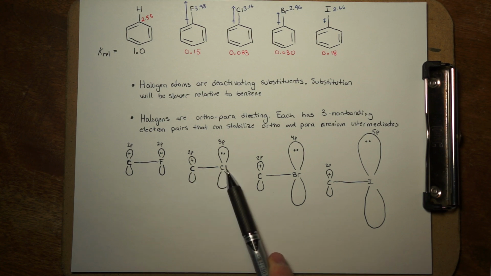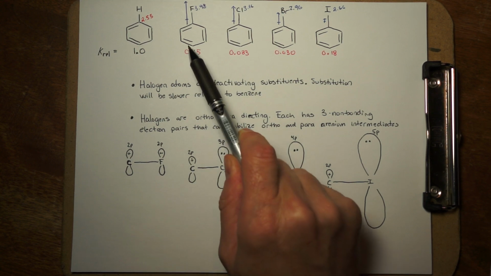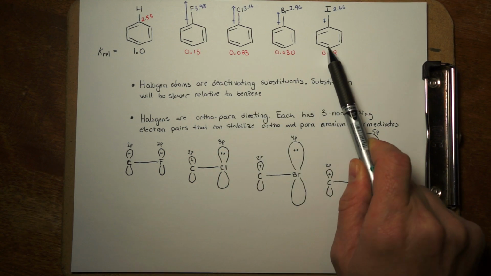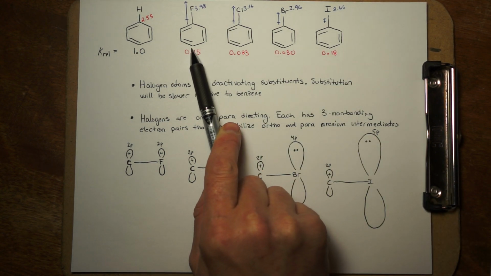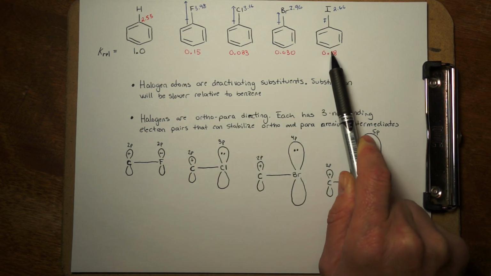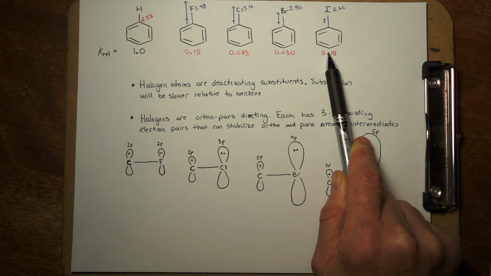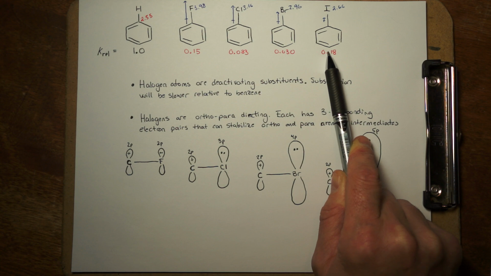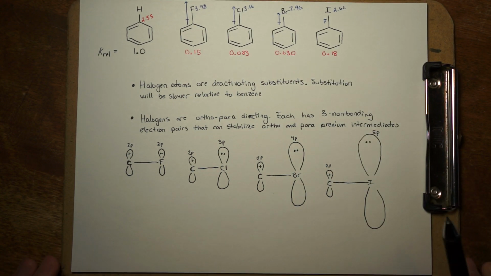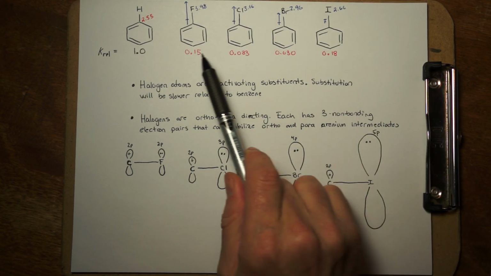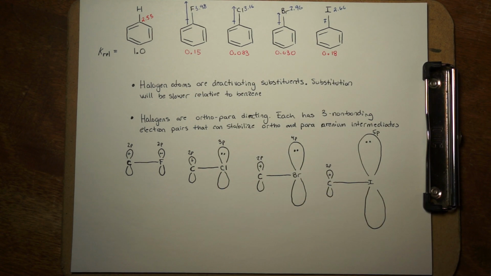Chlorine and bromine are in the middle. And so that's why we see this U-shaped curve. Here, fluorine has the best ability to donate electrons. Over here, iodine is the least electronegative, and so it's not deactivating the ring quite as much. And that's why we see that trend in the rate.